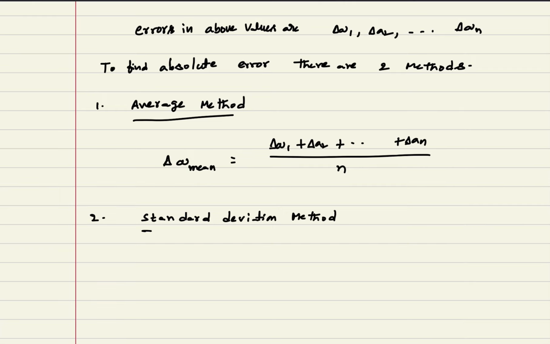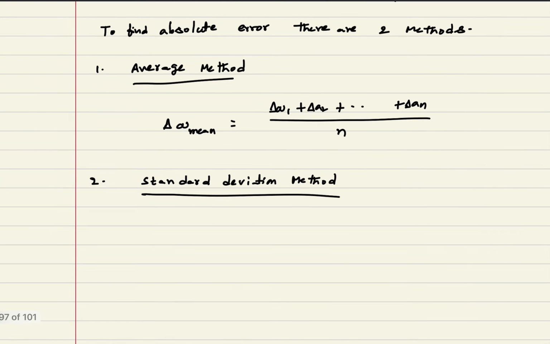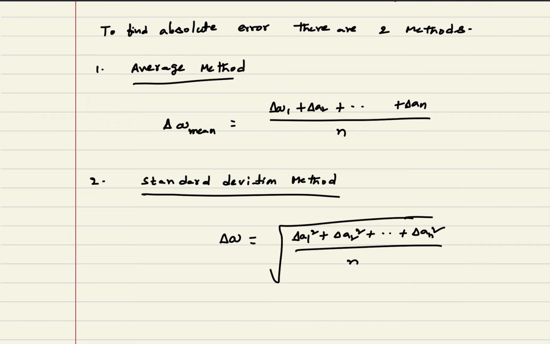Second method is the standard deviation method. What is the meaning of the standard deviation method? Here the absolute error delta A can be written as under root of delta A1 square plus delta A2 square plus so on plus delta AN square, whole divided by n.